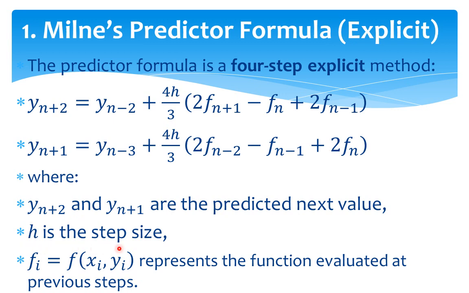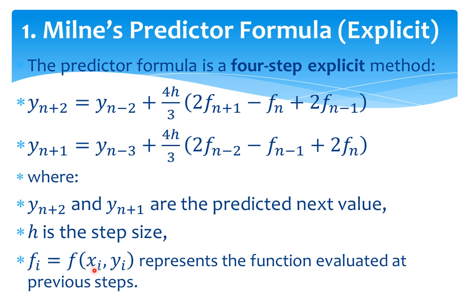h is the step size you know already. f(i) equals f of x(i), y(i) represents the functions evaluated at previous steps. If we find f0, you write f of x0, y0.